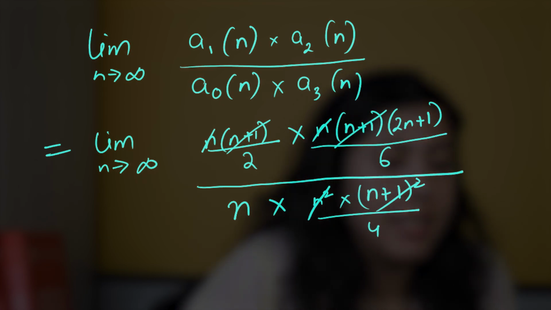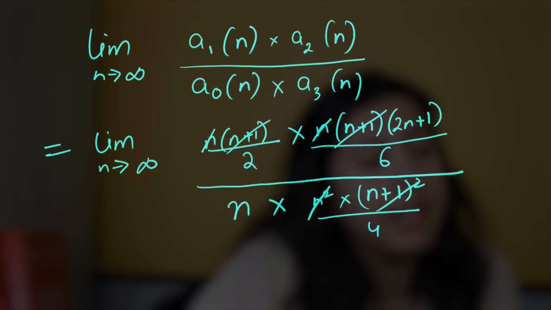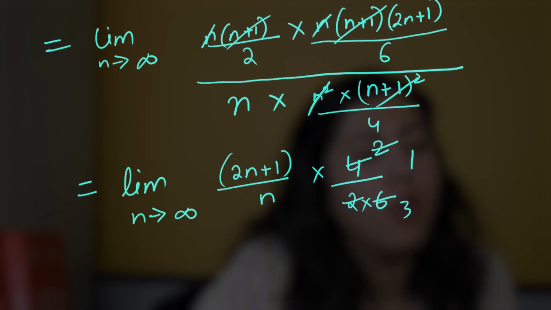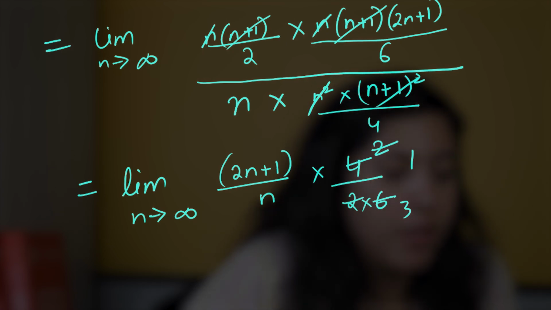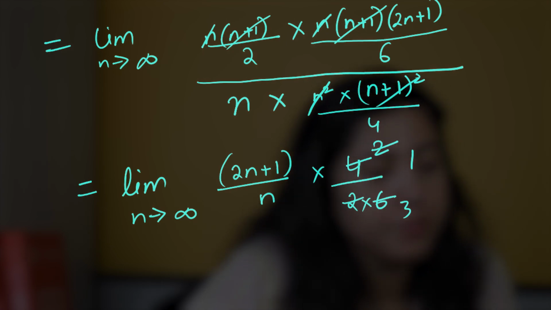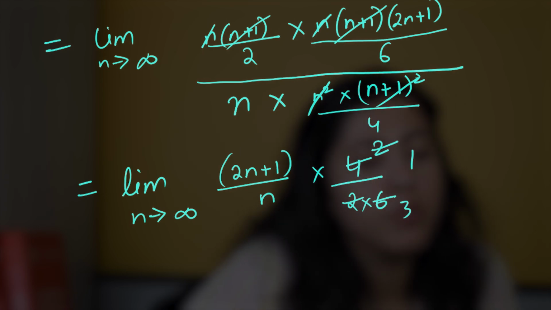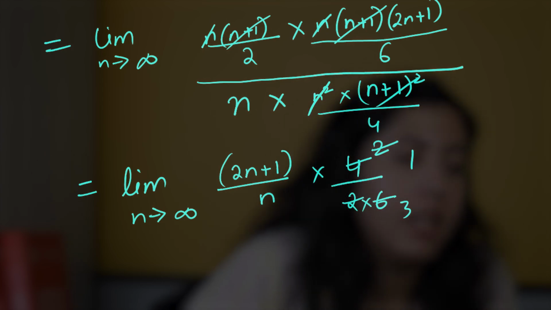So from here we can cancel some of the things out, n and n square, n plus 1 squares. So we are left with limit n tends to infinity of 2n plus 1 divided by n into 4 by 2 times 6, that is 1 over 3.